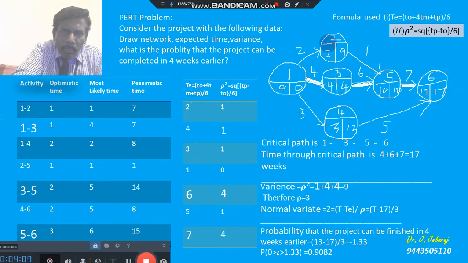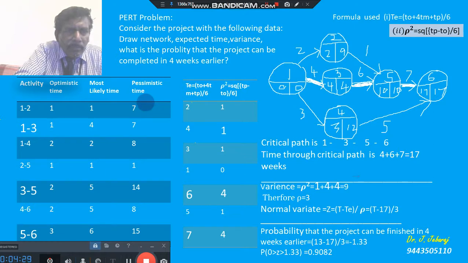Right now, the activities take this many weeks: 2 weeks, here 1 week, here 4 weeks, here 6 weeks, here 3 weeks, here 5 weeks. But each activity has 3 time estimates: optimistic time, most likely time, and pessimistic time.